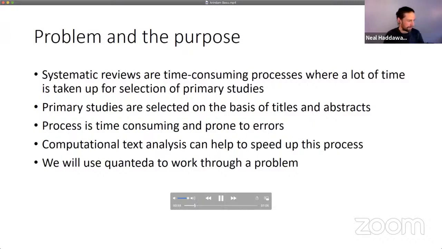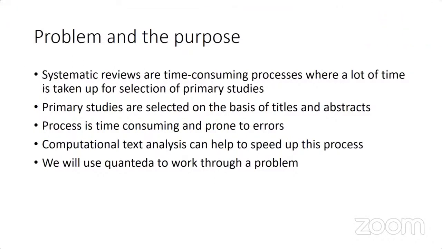But before you do that, you need to have a protocol, and then you need to have some sort of a way in which you can search the studies in literature databases, and then you select the studies on the basis of which you want to build your systematic reviews and meta-analysis.